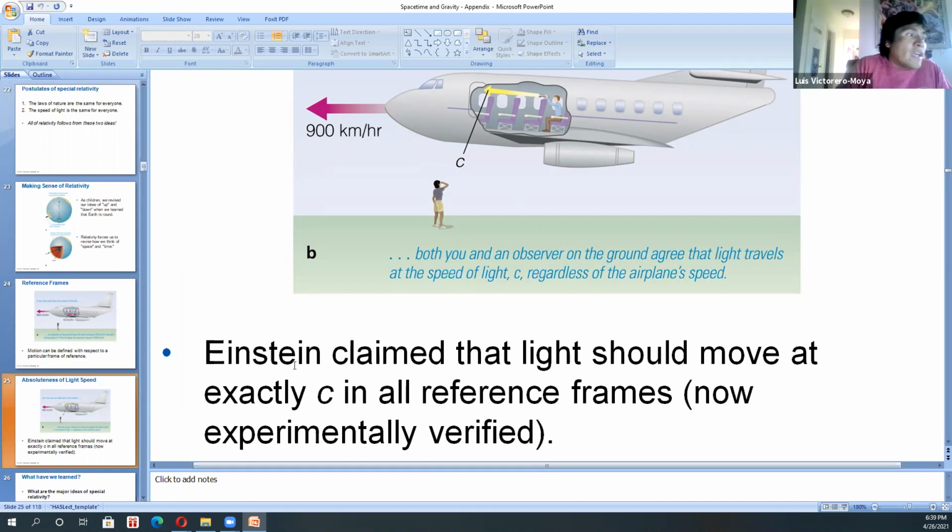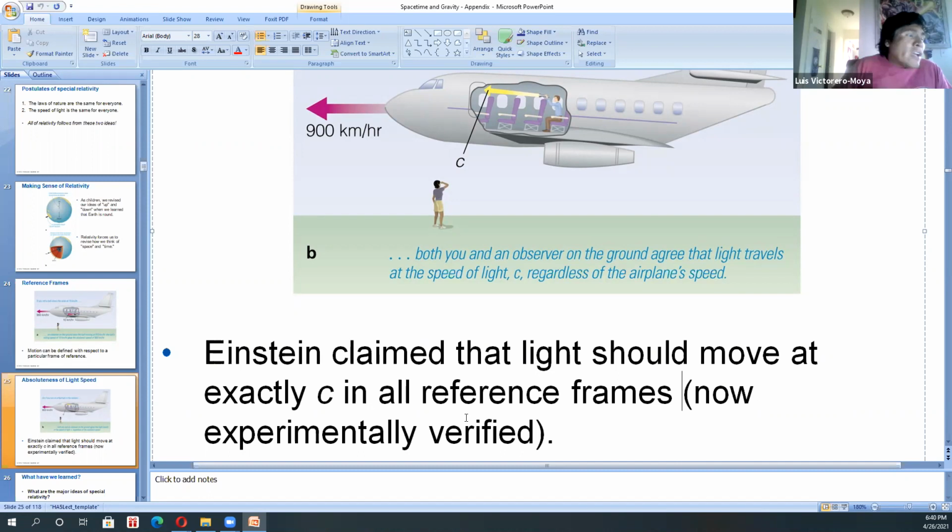Einstein claimed that light should move at exactly the speed of light, which we label C, in all reference frames. Now, experimentally verified. You know where we have verified all this? By studying black holes, and also dead stars, right?